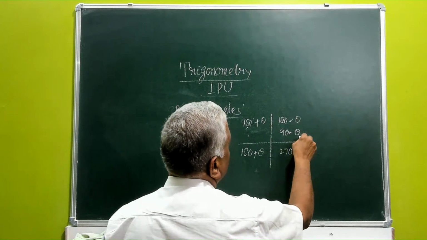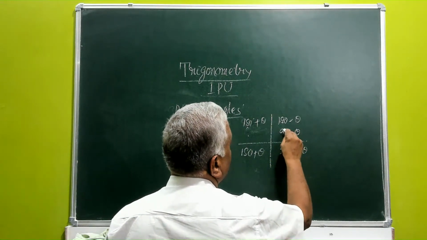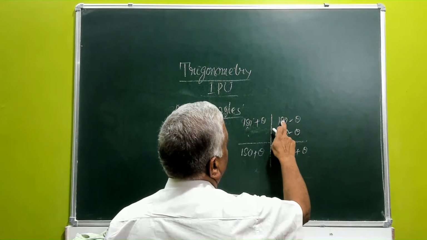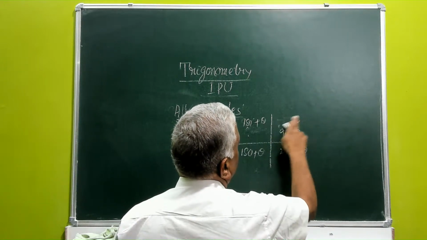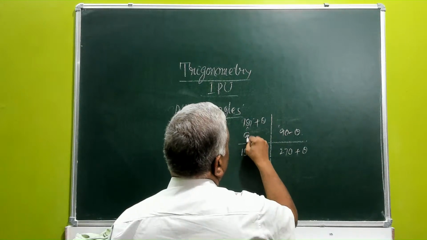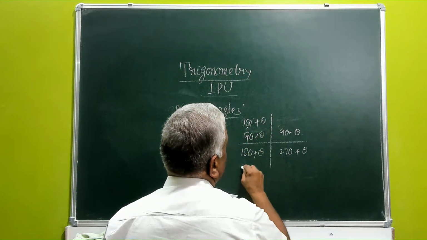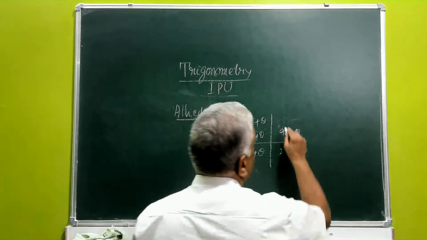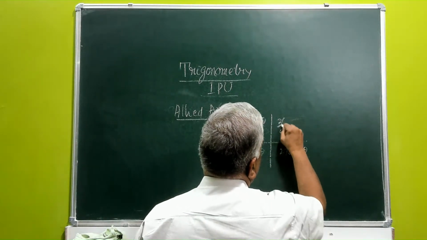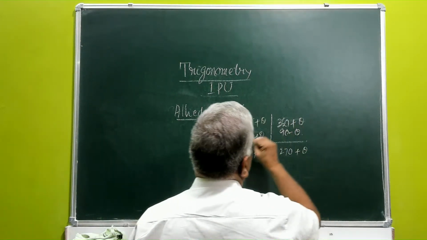This is 90 minus theta. This is 90 plus theta. This is 180 plus theta, 270 plus theta. Then this is 360 plus theta.